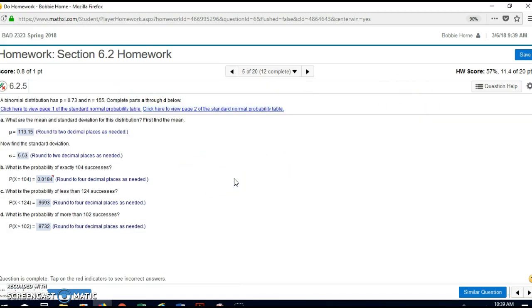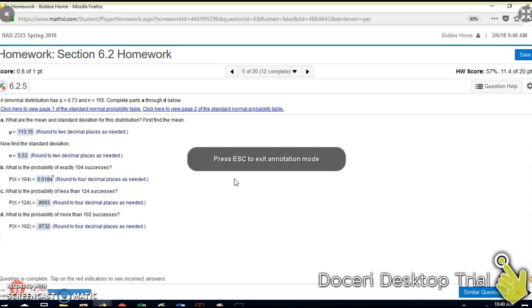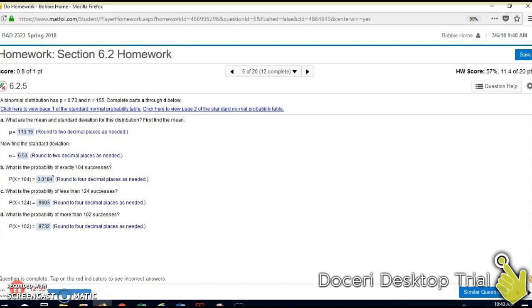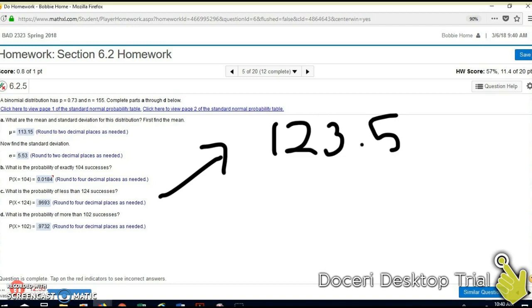Okay, this is where we have to do the interval. So instead of it being we want it to be less than 124, we have to use 123.5.